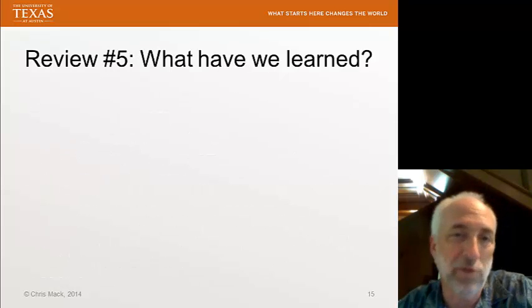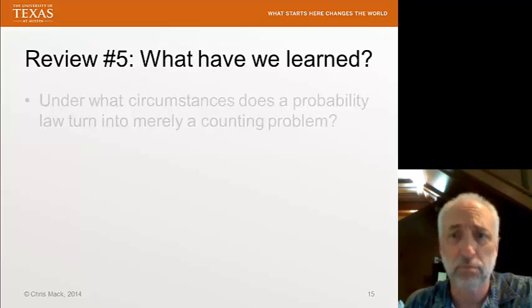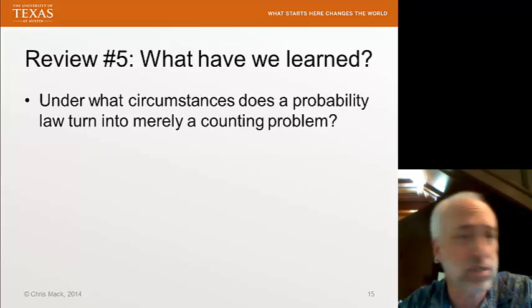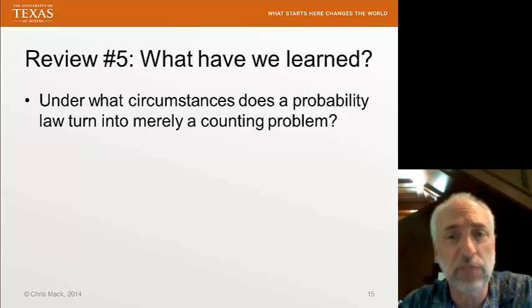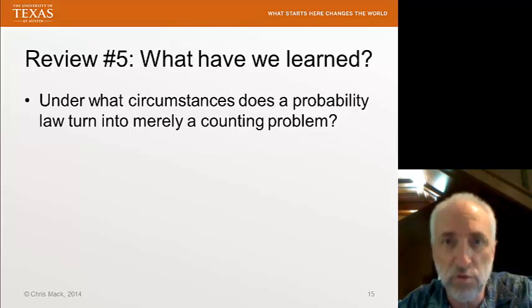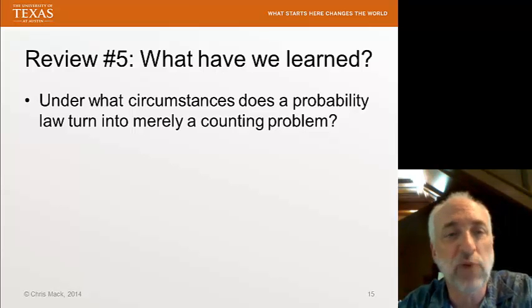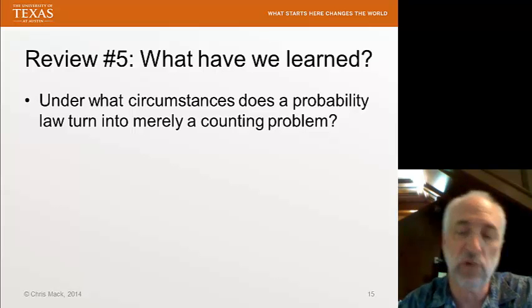All right, what have we learned in lecture number 5 here? Our second lecture in a series on probability. As always, you should be able to quickly and easily answer these questions. If not, you need to go back and review the material a little bit more. Under what circumstances does a probability law turn into merely a counting problem?